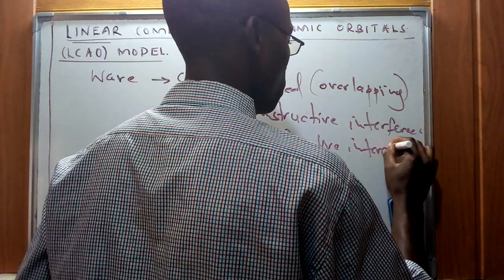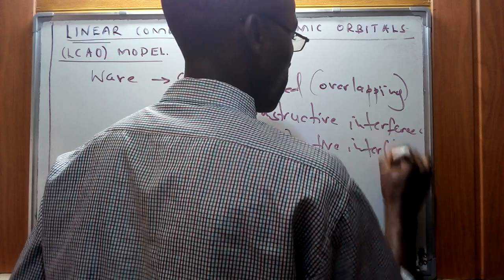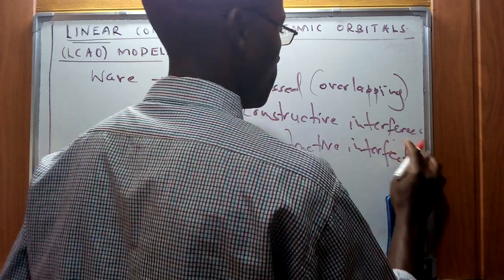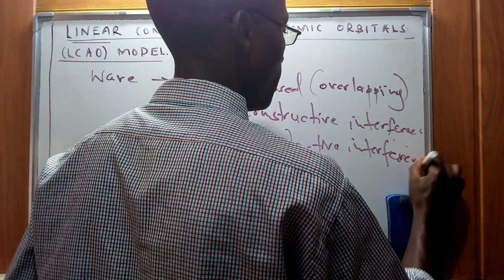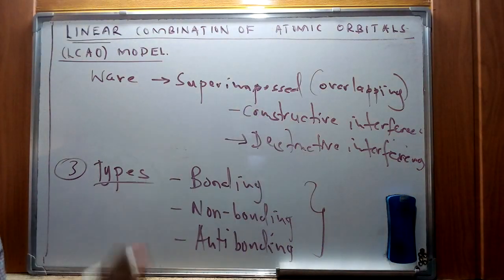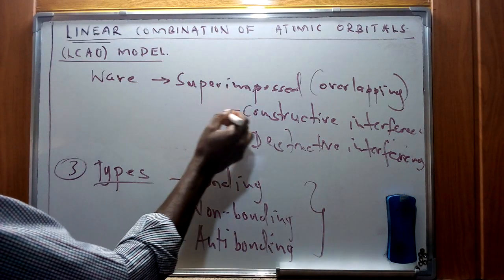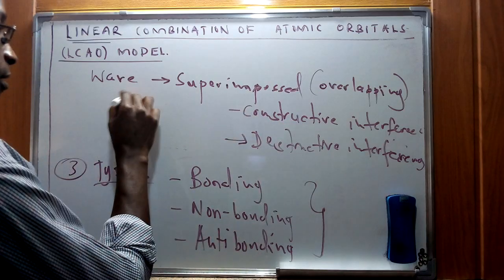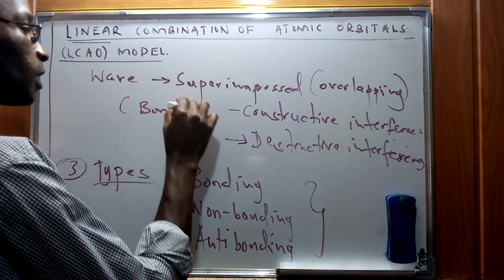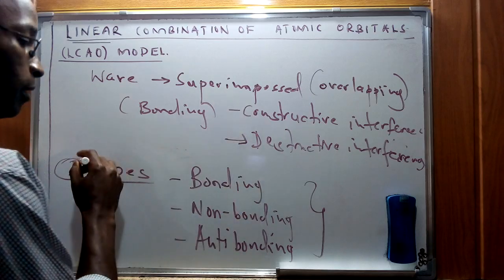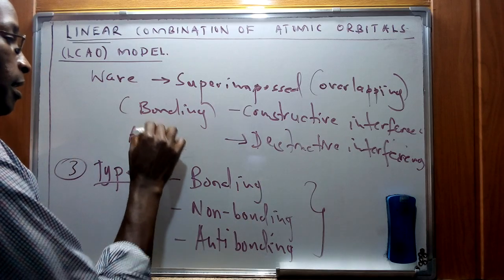Now we can look at these two specific properties for this particular approach, whereby we're going to refer to the constructive aspect of our waves as bonding, while the destructive aspect of this wave is going to be referred to as anti-bonding.